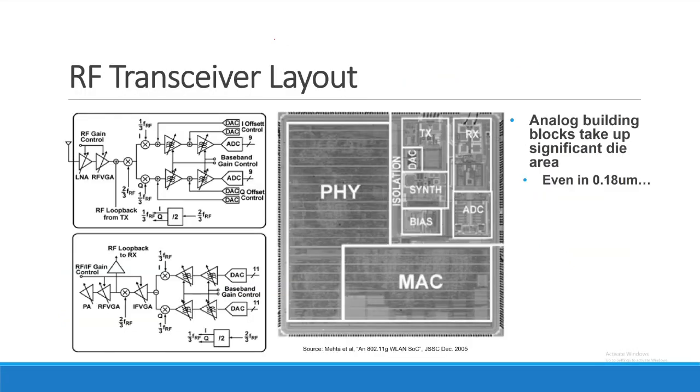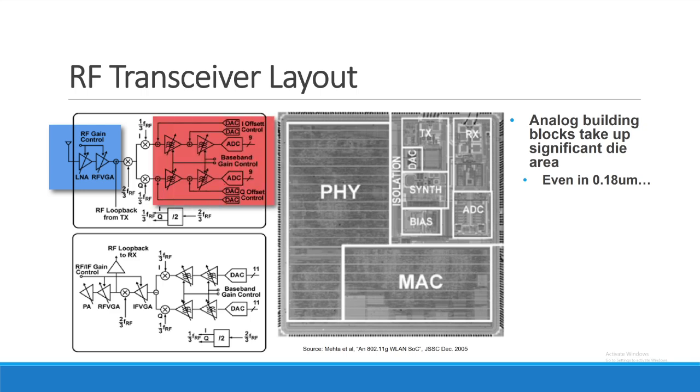So still sticking with the RF side, hopefully I've convinced you why you actually want to build some RF stuff. The other two things that are interesting to look at: roughly speaking, there's about a 50-50 split between stuff that's quote-unquote RF, meaning operating up at some carrier frequency, versus the stuff that we usually refer to as quote-unquote analog, meaning it's down at baseband and has some bandwidth around that.